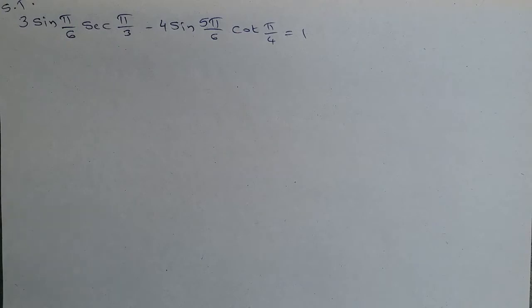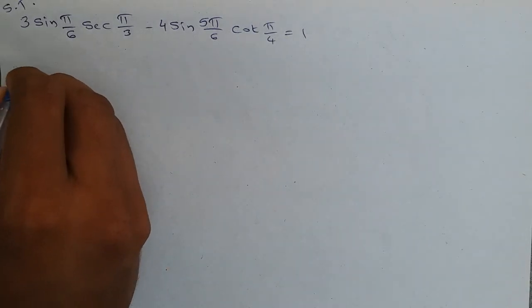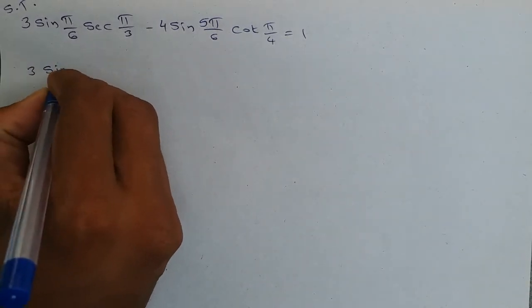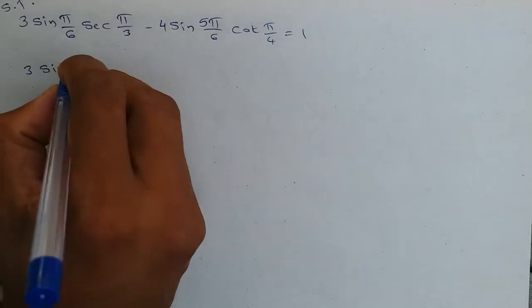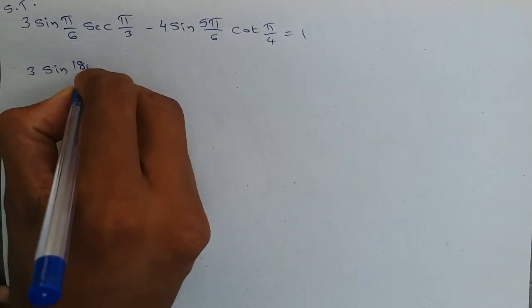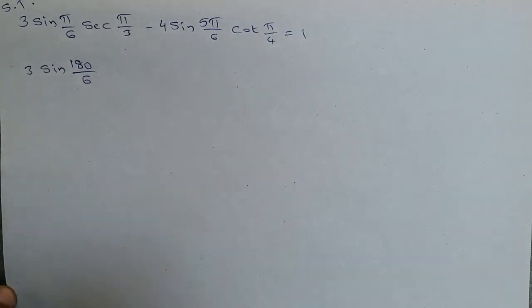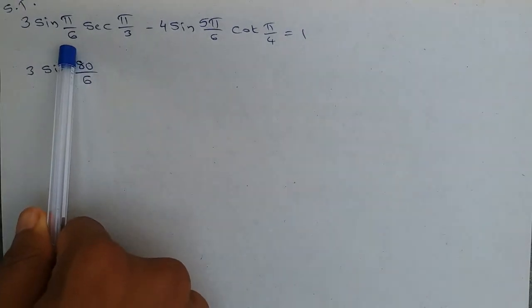Okay, the first question is: show that 3 sin pi by 6 secant pi by 3 minus 4 sin 5 pi by 6 into cot pi by 4 equals 1. 3 into sine, here in the place of pi I am writing 180 divided by 6, because the given question is in radian form.